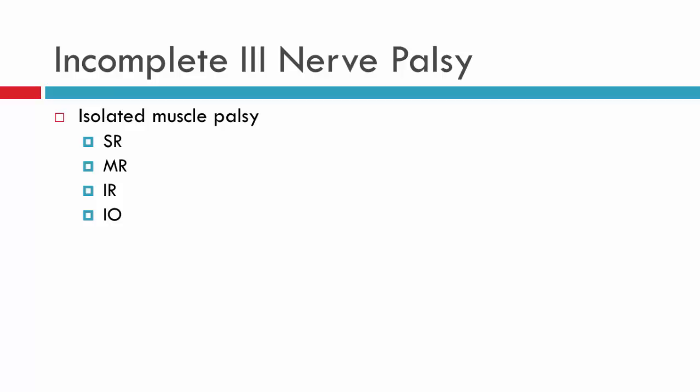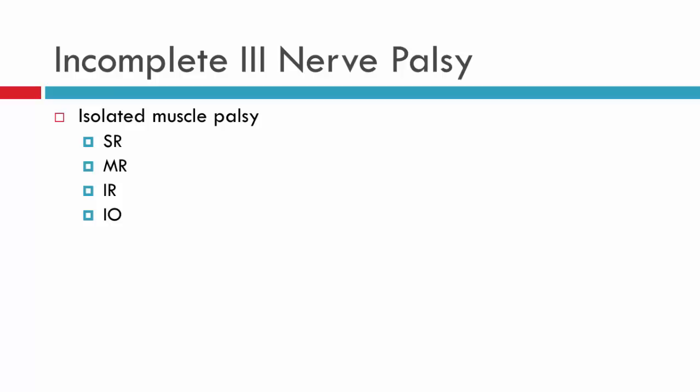It's more common to have either a complete third nerve palsy or an inferior or superior division palsy rather than only one nerve of the third nerve complex being affected. In any case, it's important that you are able to identify an isolated muscle palsy because they can occur even though they're not as common as the other types of third nerve palsies.